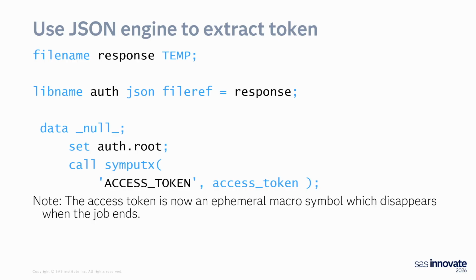After some inspection, we happen to know that there's always something called auth.root, and it has a value. It has something called access_token in it, and we use a simple data step to shove that value from the response file, the JSON payload, into a SAS macro symbol, which we will then use in the subsequent steps.